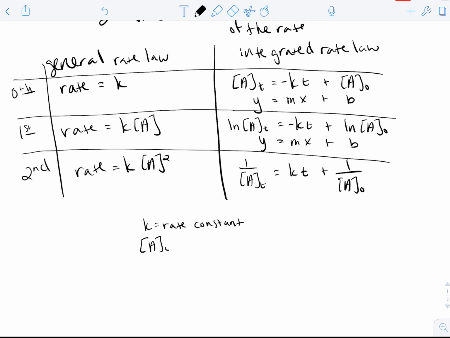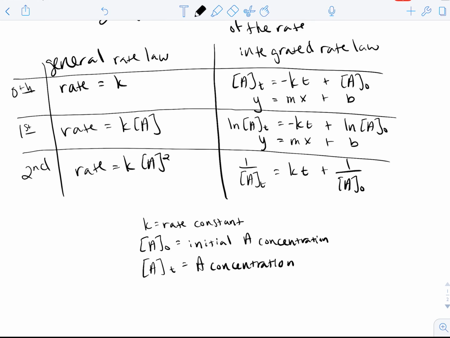So k is our rate constant, A naught is the initial A concentration, A at t is A concentration at time t, and then t is time.